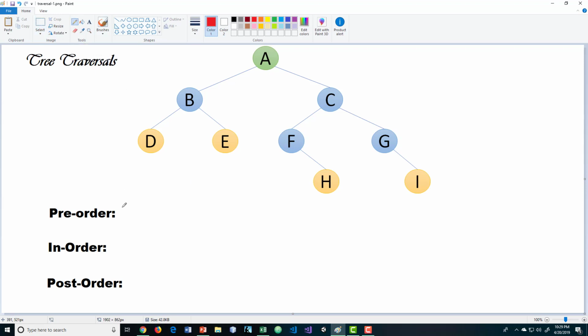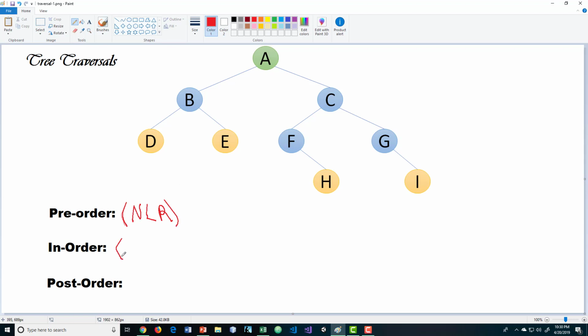In red, I'm going to do pre-order, and maybe we'll make that a little bit wider brush here. Okay, there we go. Pre-order means we consider ourself, the node, first, and then left, right. So I try to remember pre-order as NLR.